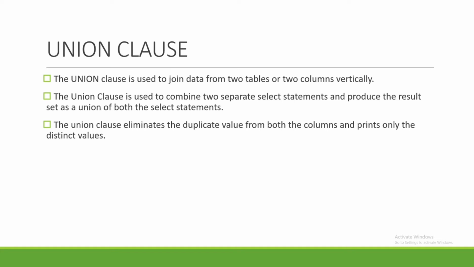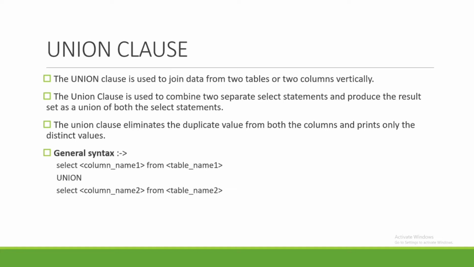Let's say you have two tables and you select n number of columns from one table, and similarly n number of columns from the second table, and you join both those select statements using the union clause. After applying the union clause, you will get only the unique values present in both of these tables or both of these sets.